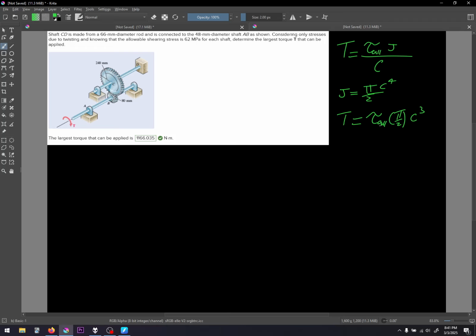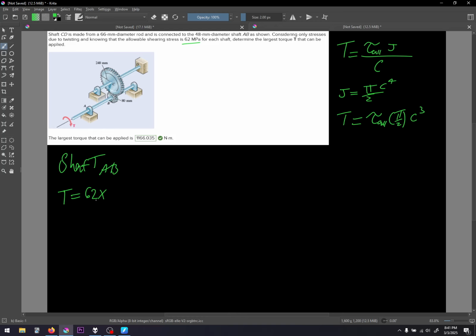And we can use this for shaft 1 and shaft 2, but we can call them shaft AB and shaft CD. So for shaft AB, the torque is going to be equal to, well, it's the same allowable shearing stress for both, 62 mega. What's mega?